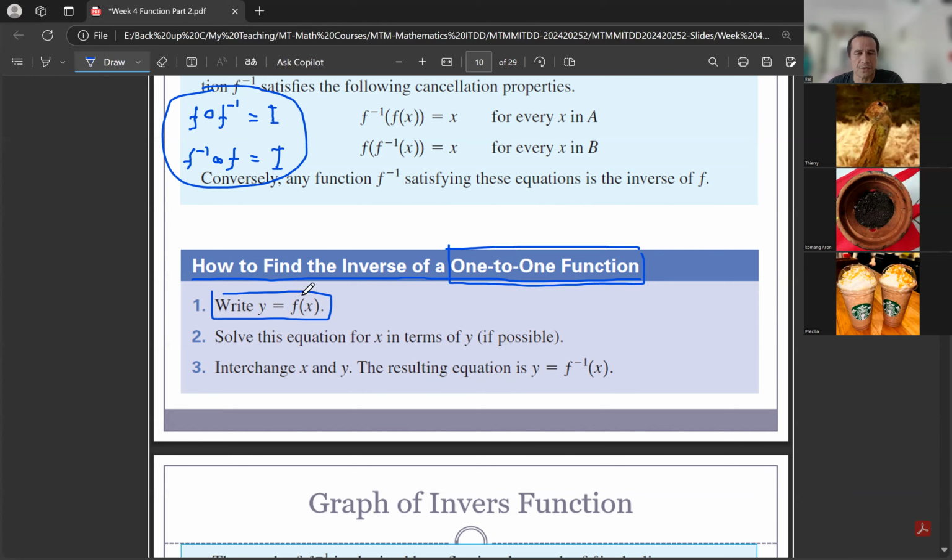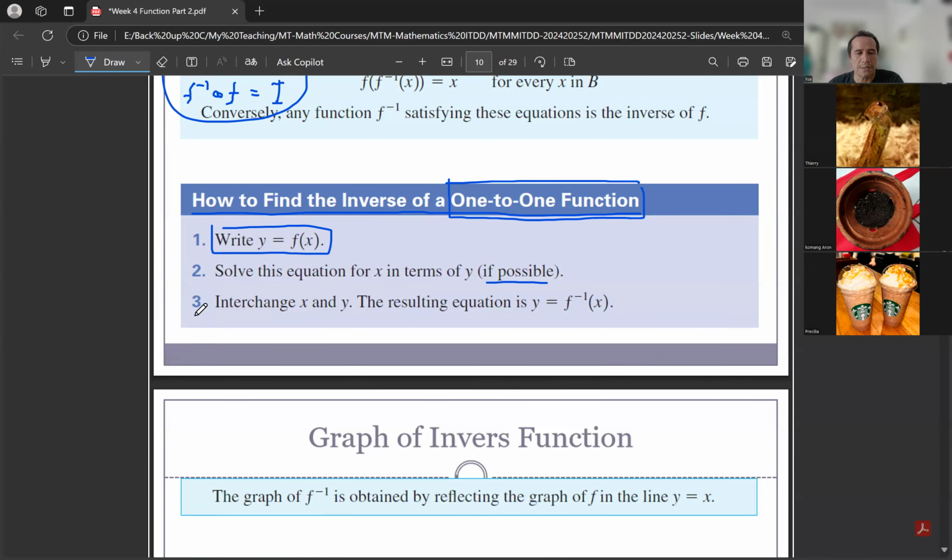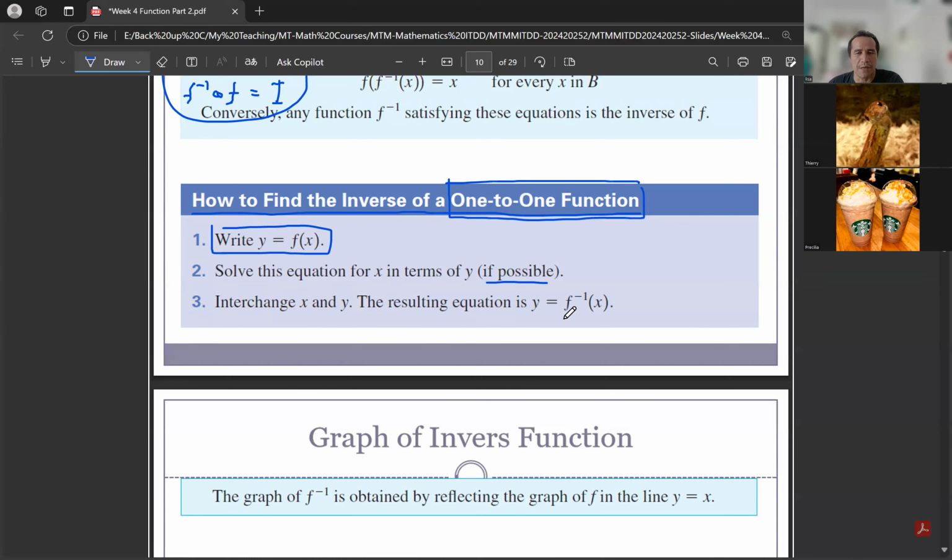As we know, this can be said as y in terms of x, but step 2 says we must make it until we have x in terms of y, of course, if possible. After we solve in step 2, in step 3 we interchange x and y, and the result y will be the inverse of the function.